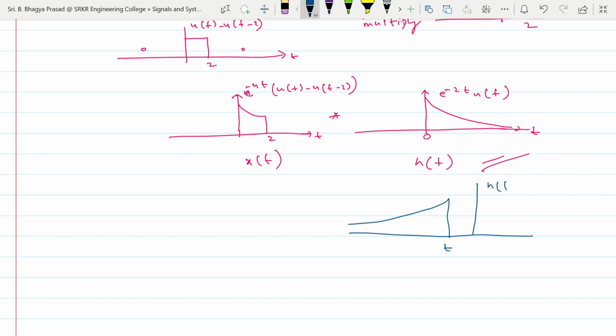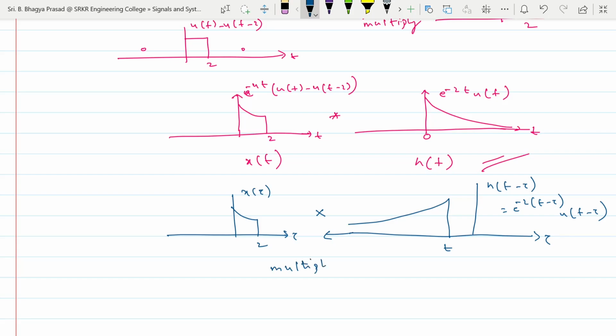This will be h of t minus tau, that is e power minus 2 times t minus tau, u of t minus tau, and this will be multiplied with x of tau at different positions of t, with tau from minus infinity to plus infinity.